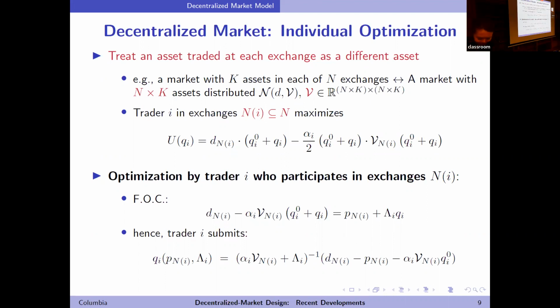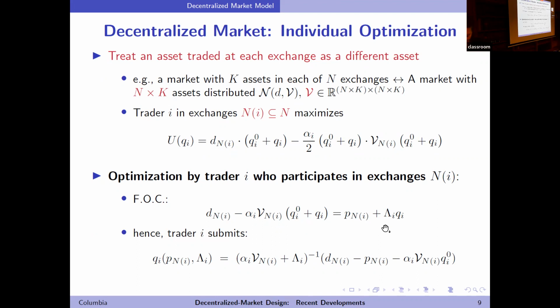All right, second, let's think of the optimization problem of a trader in a decentralized market who submits his contingent demand schedule in the exchanges where he participates. His first order condition equalizes his marginal utility with his marginal payment. Again, we are working with a net buyer here, given his price impact in the exchanges where he participates.